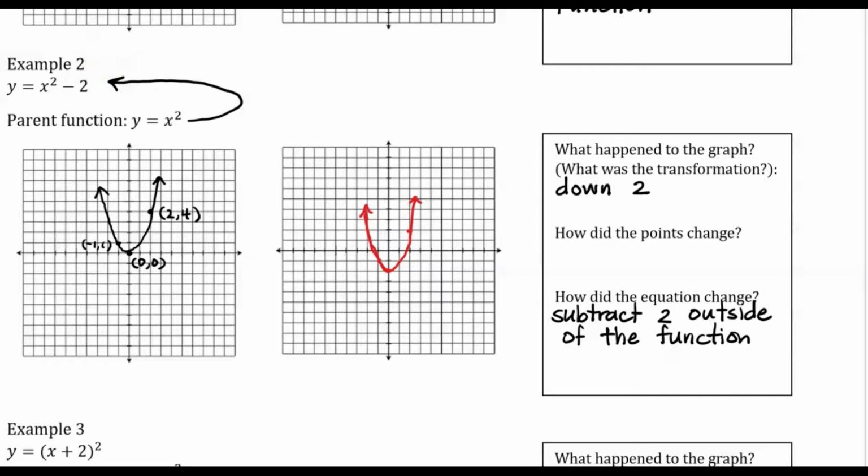And as to how the points change, well, instead of the point 0, 0, now we have 0, negative 2. Instead of the point 2, 4, now we have 2, 2. And instead of the point negative 1, 1, now we have negative 1, negative 1. So those points are changing by us subtracting 2 from the y values.